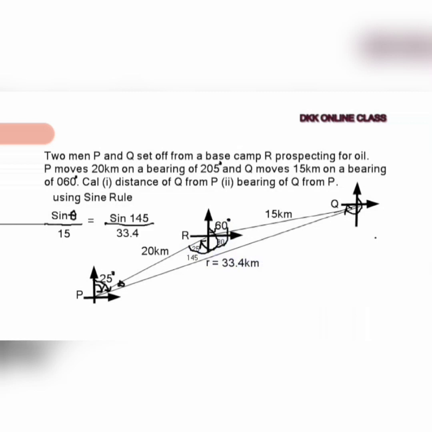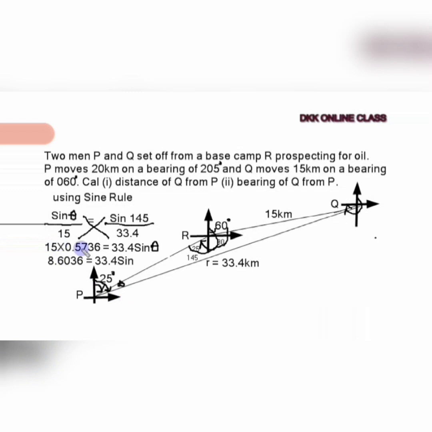So when you cross multiply, we have 15 times sine 145, which is 15 times 0.5736, equal to 33.4 sine theta. And then we simplify this.